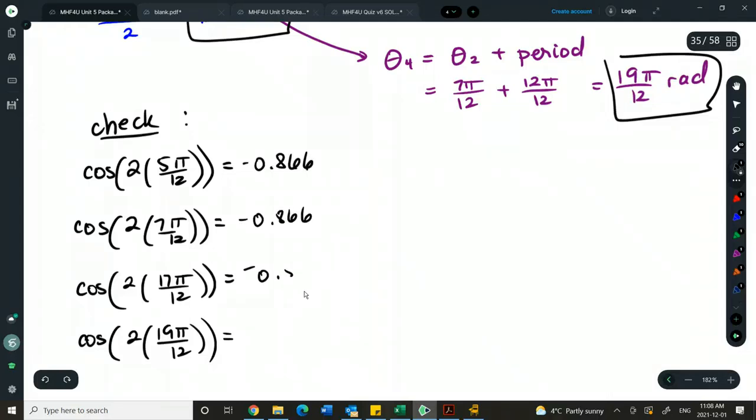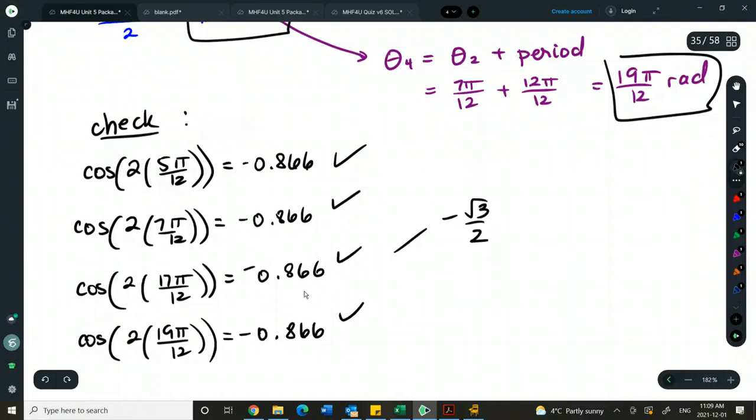Or some of your calculators will literally just spit out negative root 3 over 2. Depends on the type of calculator you have. But all of these are equal to approximately negative root 3 over 2. So we're good for each of those when we plug them in. Okay, don't take my word for it. Check it on your own calculator so that you know how to do your own checks. Okay?